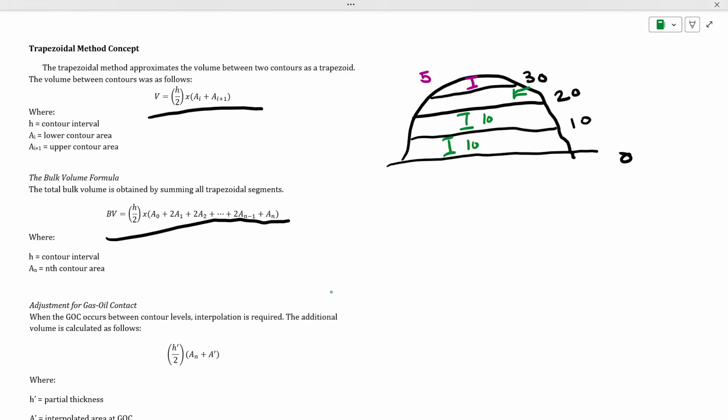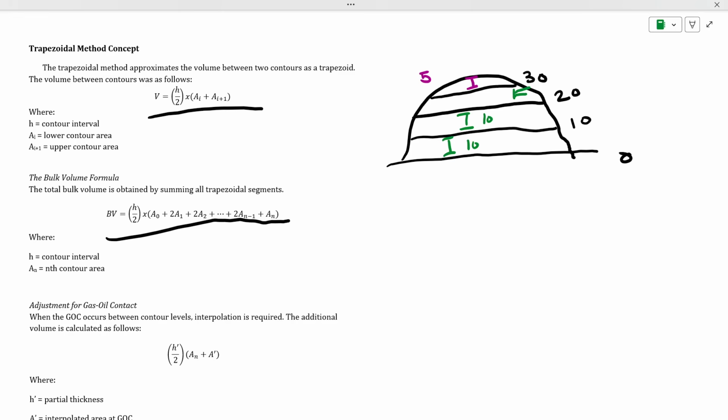And usually, this final interval represents the fluid contact, the boundary. If the reservoir consists of oil, gas and water, then there is a gas-oil contact.